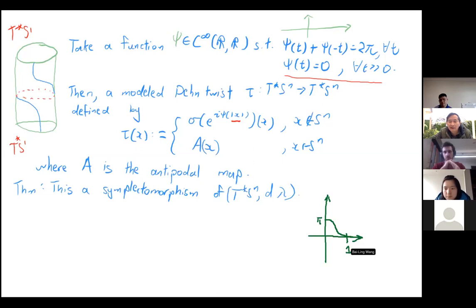Then here I just apply the map and psi of the norm of p, where p is the cotangent vector. Is that true? Maybe pi, other way around.